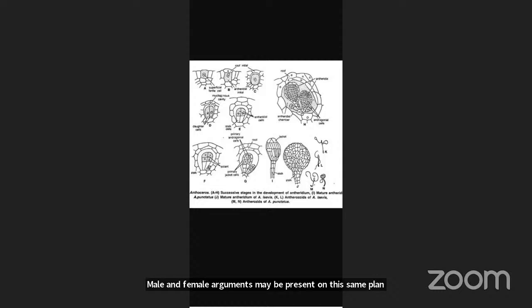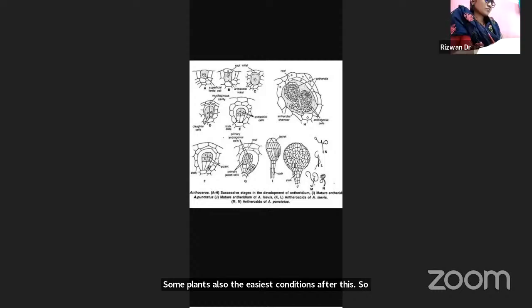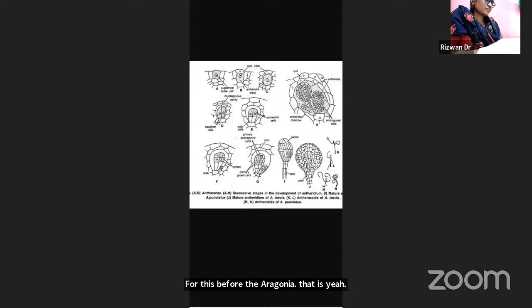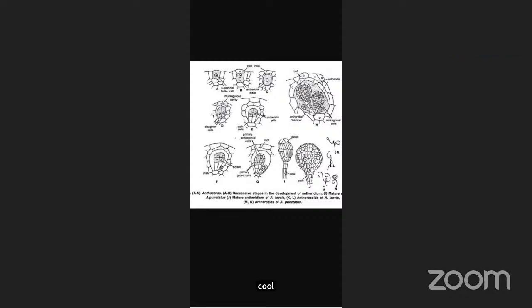Some plants are dioecious. In the monoecious condition, antheridia are produced before the archegonia, which we call the protandrous condition.